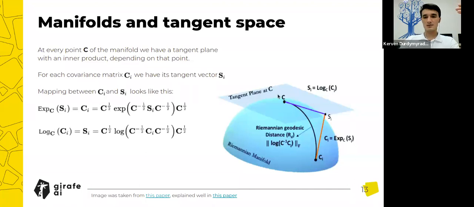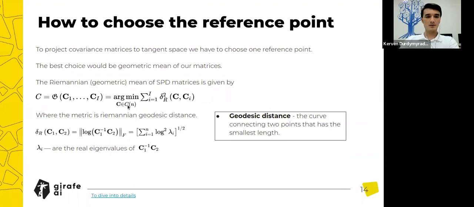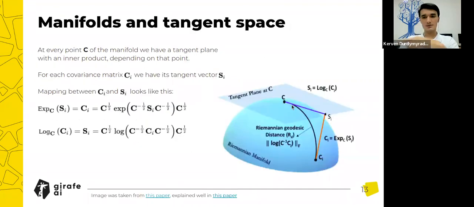How can we project it? To project this covariance matrix to the tangent space, first we find this reference point C. First of all, if we have a reference point in our manifold, then we can project our covariance matrix to the tangent space with these formulas.